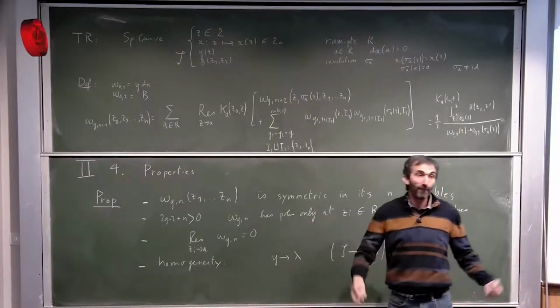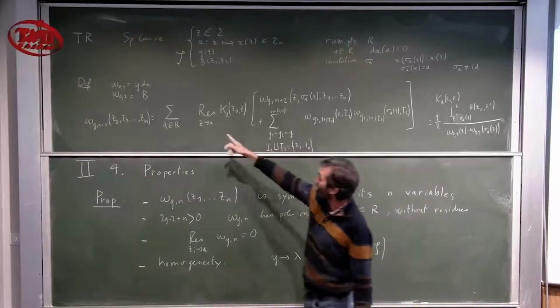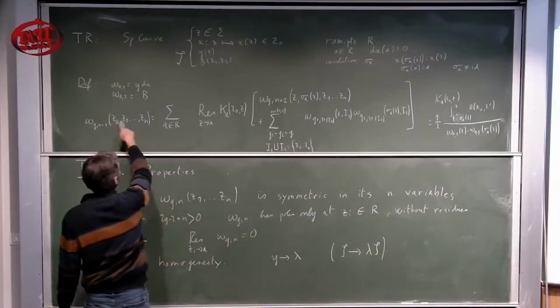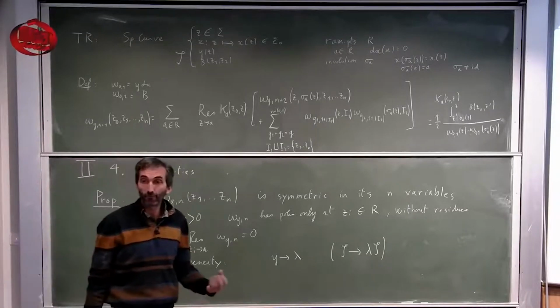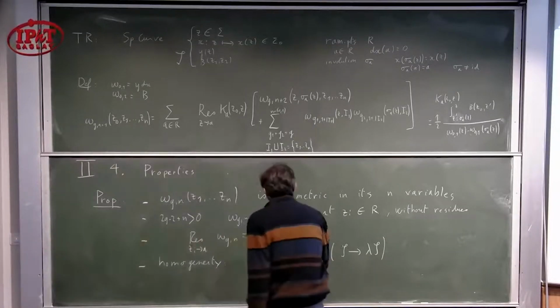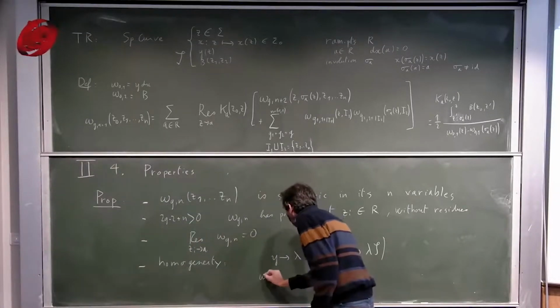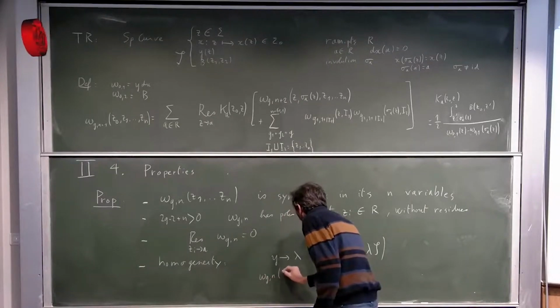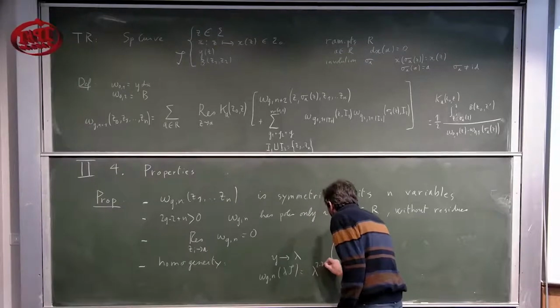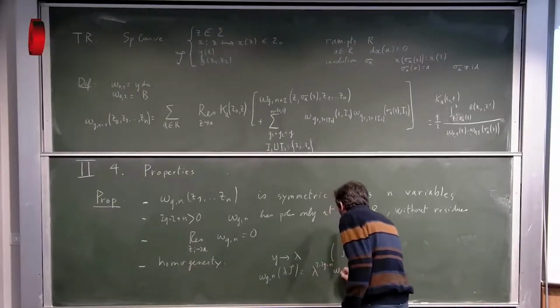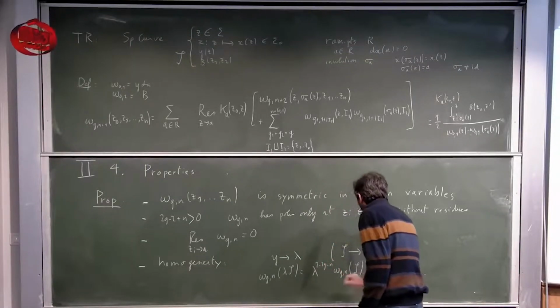And so you get as many 1 over lambda as the number of times you have to repeat the recursion formula to get your omega gn, and this is exactly equal to 2g minus 2 plus n. So omega gn of lambda times your spectral curve is lambda to the 2 minus 2g minus n omega gn of your initial spectral curve.